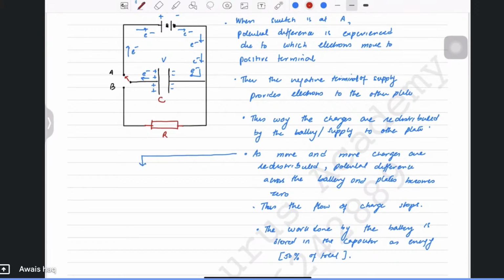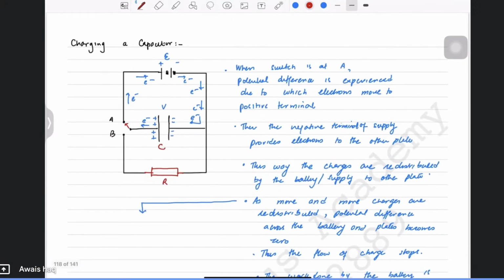So what you need to understand is that initially, when the charges are equal, the potential difference here is 0 because there's no potential. You connect it with the battery. The battery has, let's suppose, 50 volts. So obviously there is a difference in potential between the battery and the capacitor.